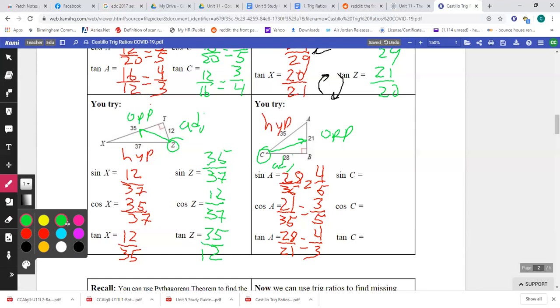So this time this is 21 over 35. Divide by 7, that's 3/5. Cosine of C is 28 over 35. Divide by 7, that's 4 over 5. And then tangent of C is opposite over adjacent, 21 over 28. Divide by 7, and I get 3 over 4.